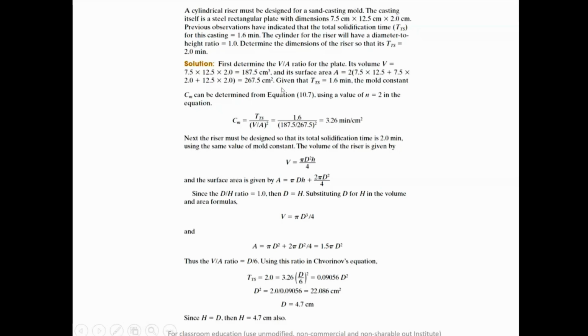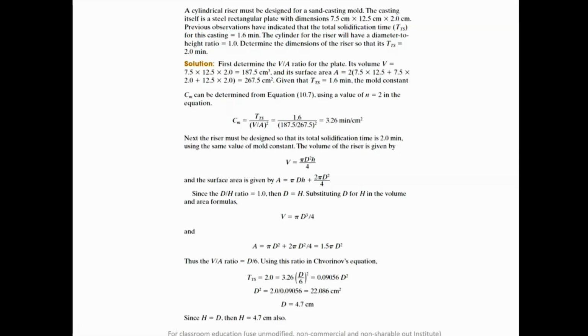You know that this time period initially was 1.6 minutes. So the mold constant C_m can be determined from equation 10.7 using n equals 2. From here the C_m value comes out to be 3.26 minutes per square centimeter.